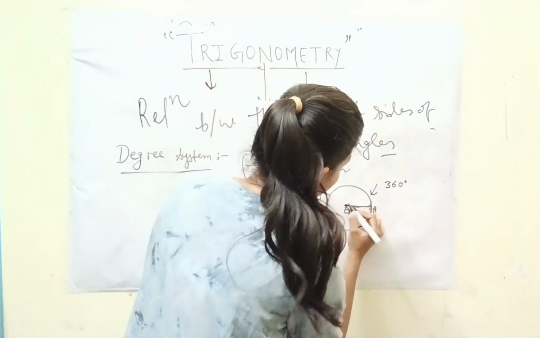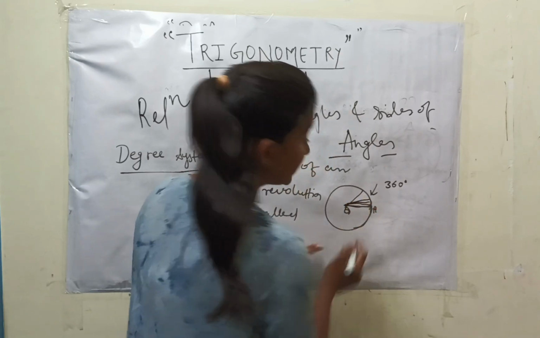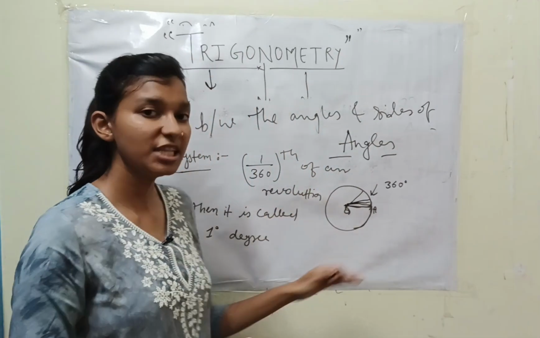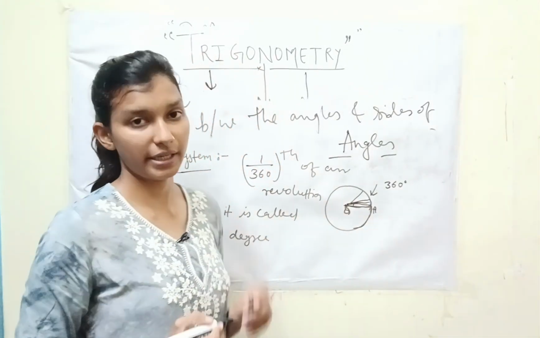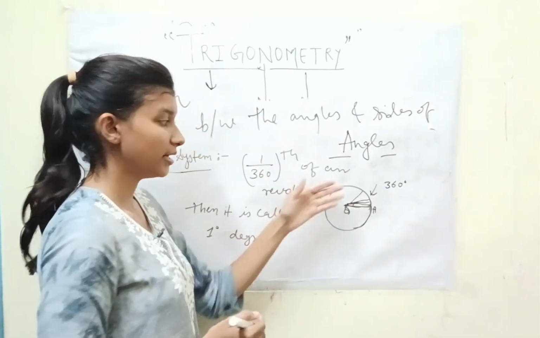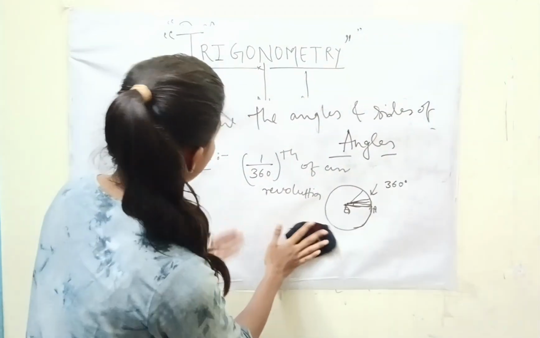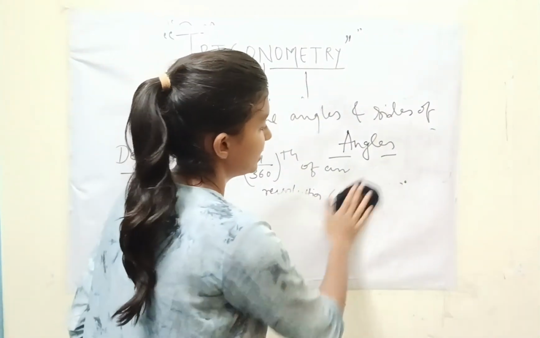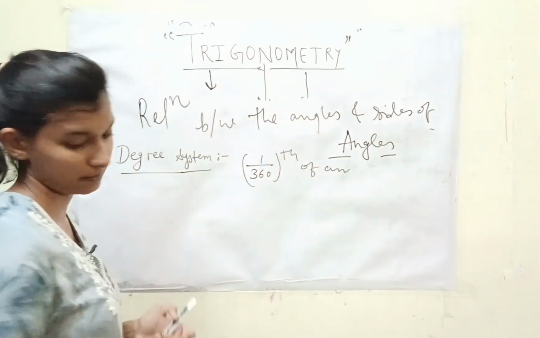That means if we divide this revolution into 360 equal parts, then each part of this rotation is of 1 degree. This is the degree system.